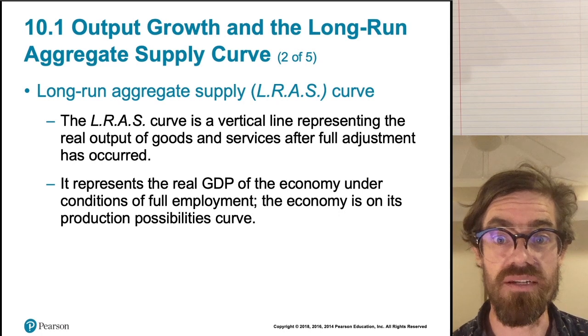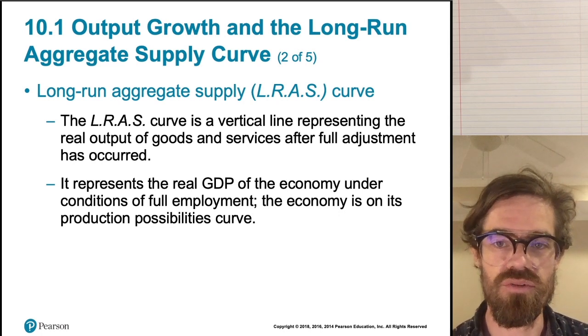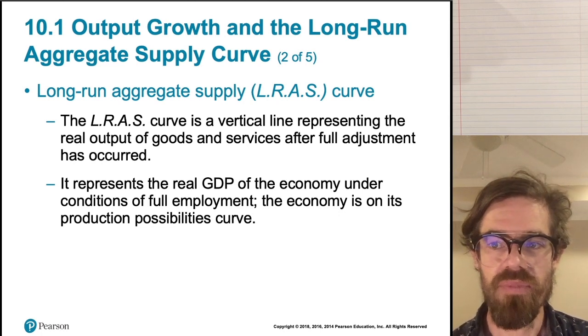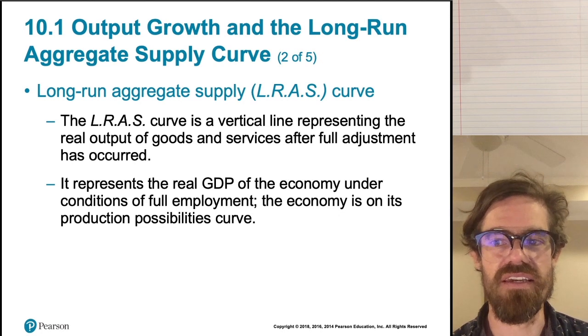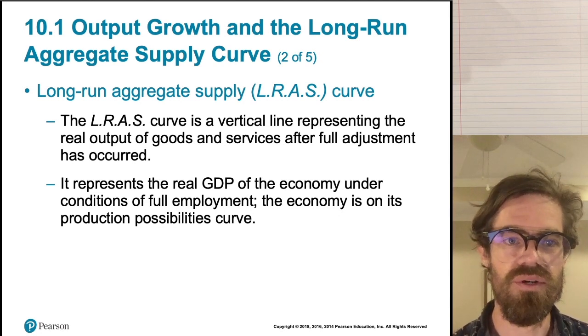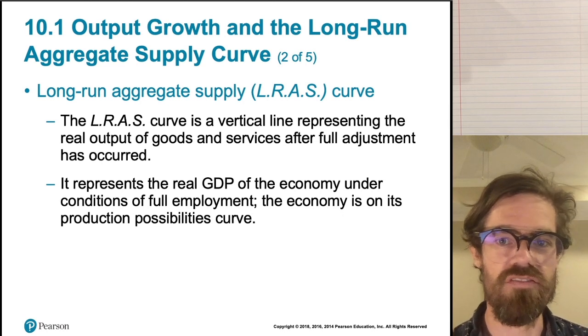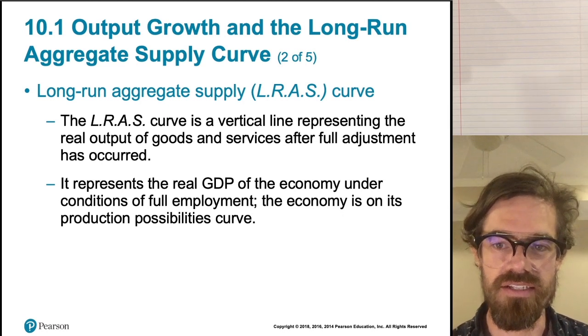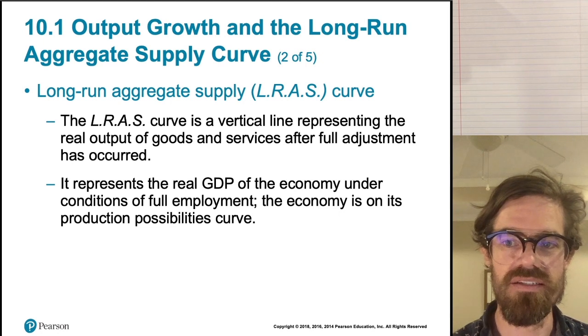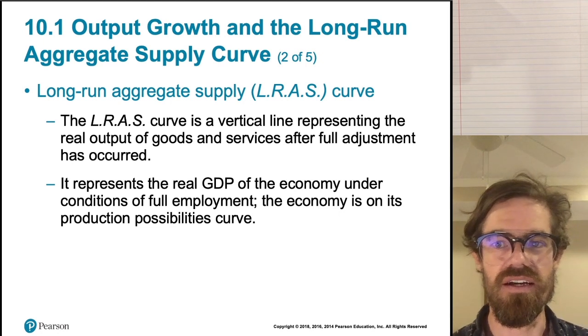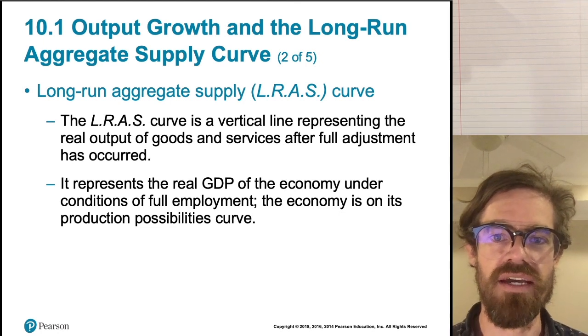There's no cyclical unemployment when there's full employment. So recall those things. And another way to think about it is that the economy is on its production possibilities curve. So we're kind of in full gear, right? The economy is operating nice and smoothly when we're talking about long run aggregate supply.